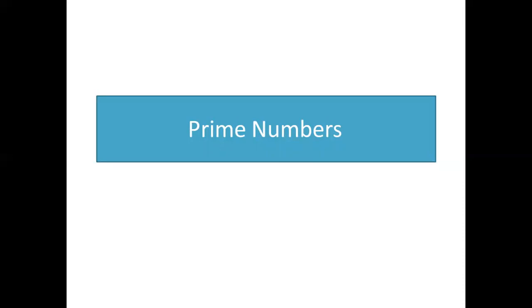Okay, all that you took are types of numbers that happen due to multiplying numbers by numbers. Okay, this type of number is different. It's called prime numbers. We will see what they are now.